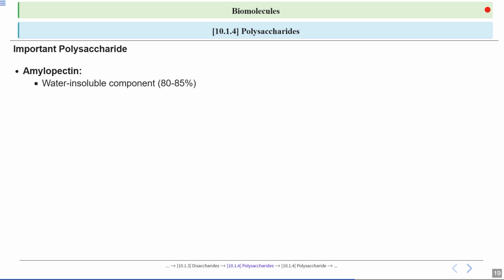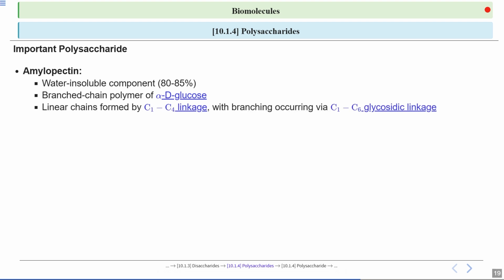Amylopectin makes up about 80 to 85% of starch, and it is water insoluble. Now if we look at the structure, amylopectin is a branched chain polymer made up of alpha D glucose units.